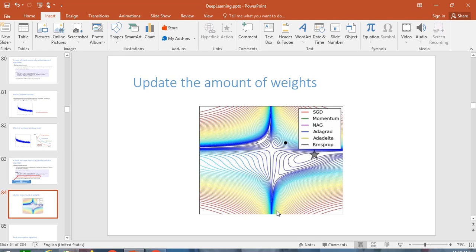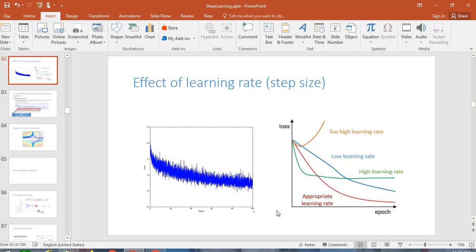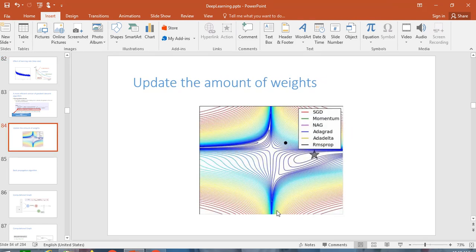This red one is the stochastic gradient descent. Look how slow it is, but that one moves faster. The route is different, but the speed is higher. Different methods take different paths.